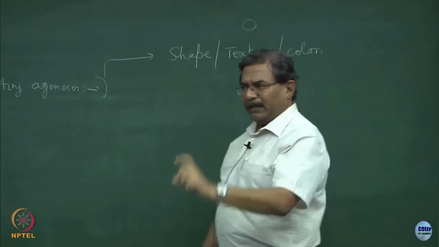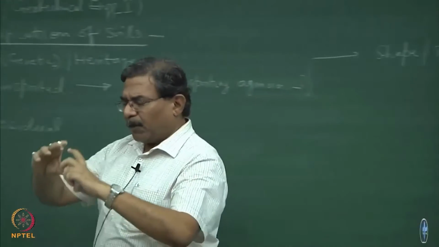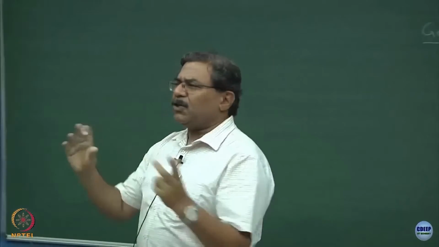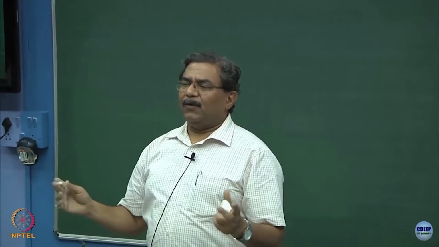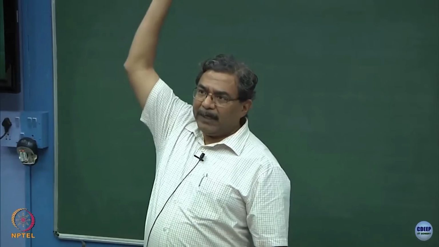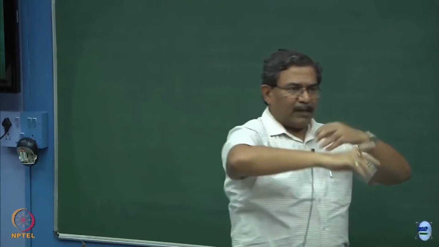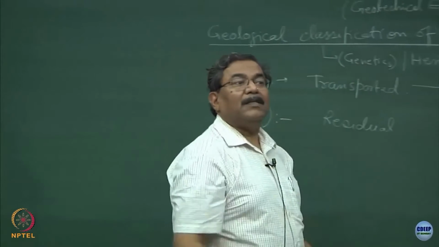Round particles, why? When they got broken because of the physical, chemical, biological weathering, they were all distorted. But look at this, the moment they started traveling from A to B, you remember, there were so many rollings occurring, water is washing them, ultimately what happens?